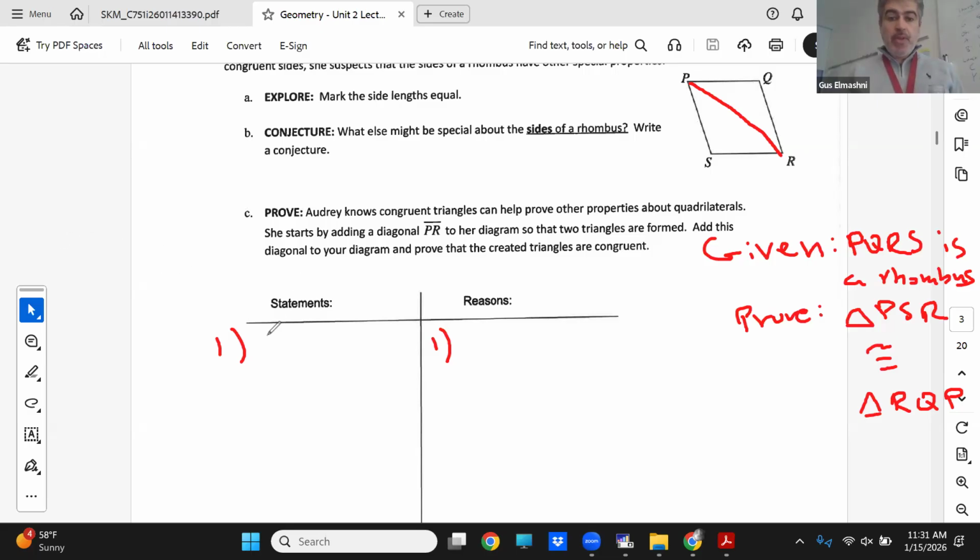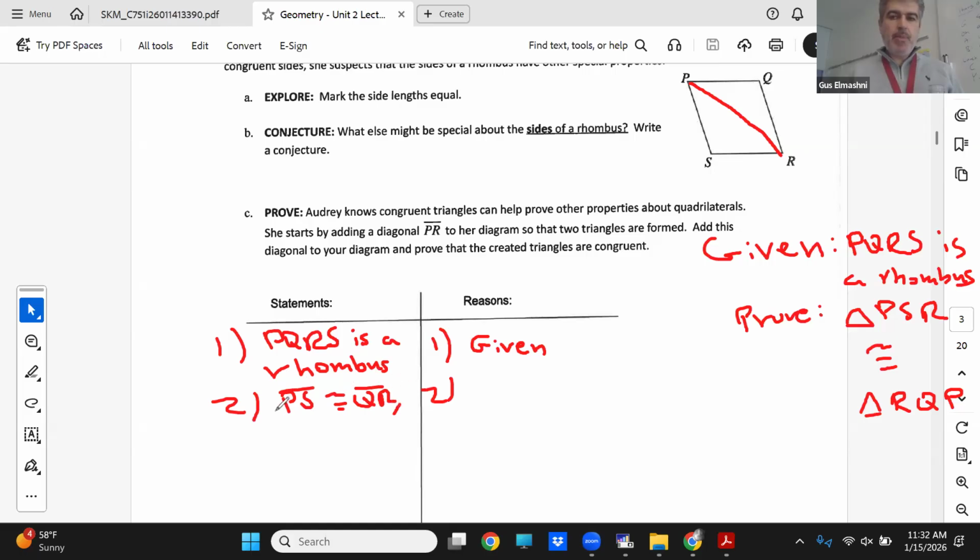Okay, so that's when I write my given statement. PQRS is a rhombus. That's given. Now, this part may not be obvious, but we do know that PS is congruent to QR.